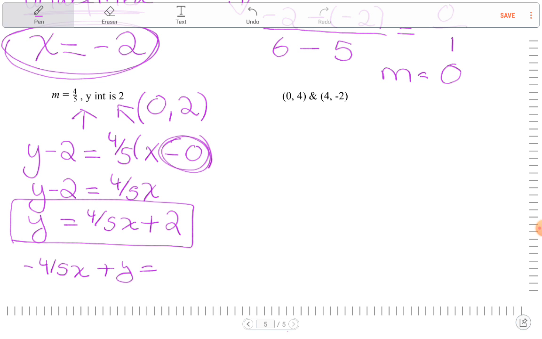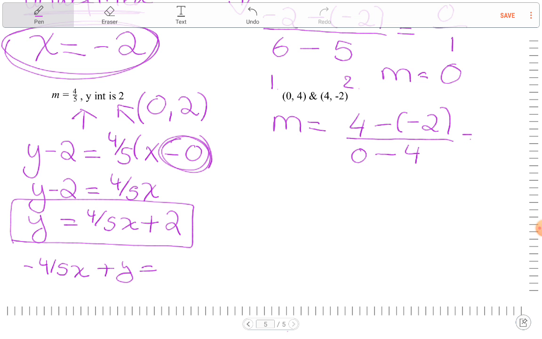Last problem that we're going to do together. 2 points again. I need to find my slope. Let's take the y-coordinate of the first one minus the y-coordinate of the second one over the x-coordinate of the first one minus the x-coordinate of the second one.